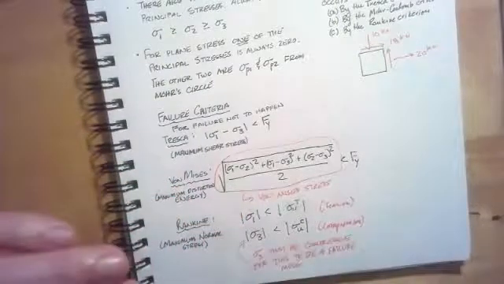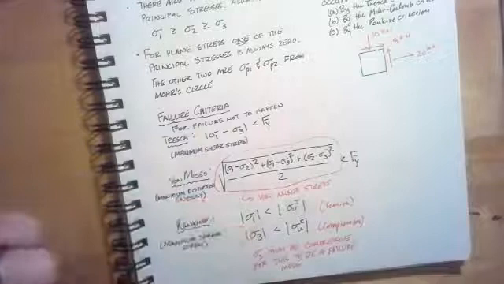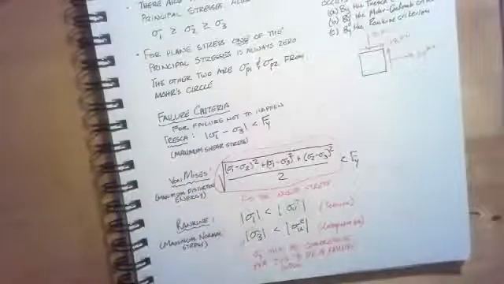So if sigma 3 is in tension, we would ignore this. If sigma 3 is in compression, we would consider that limit state case.